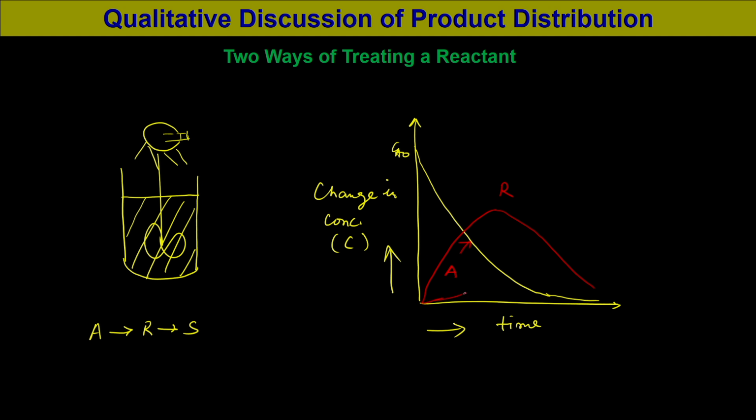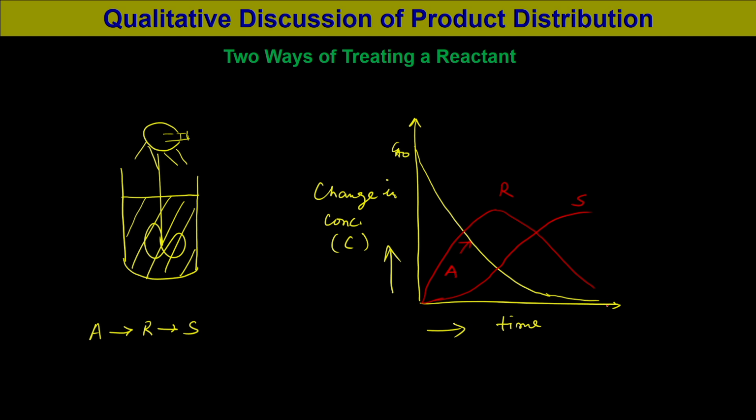So, S will start like this and it will slowly increase depending on the presence of R. So, this is the concentration profile for R. This is the concentration profile for S. So, during this time of exposure of the light to this reactant content, the concentration profile change for all species A, R and S would look like this.